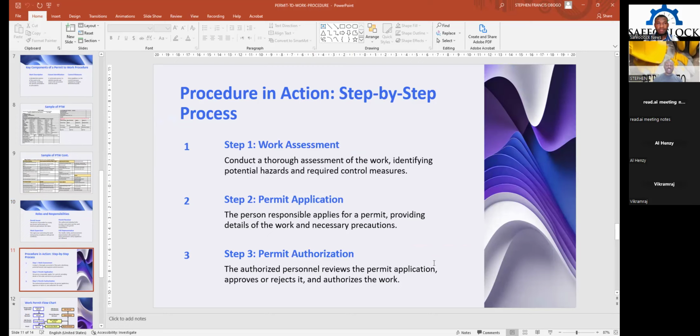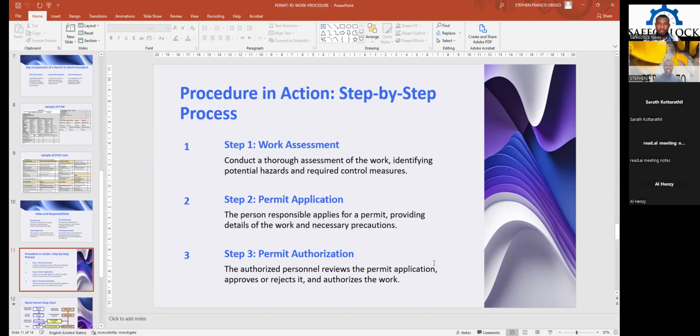No, you still need to visit the site as a health and safety personnel, or whoever is issuing the permit, with the supervisor of the work activity. You go there, you look at the activity with your level of expertise. You should be able to bring out certain information regarding hazards, identifying the potential hazards regarding that work activity, and also be able to deploy a control measure to such an activity.